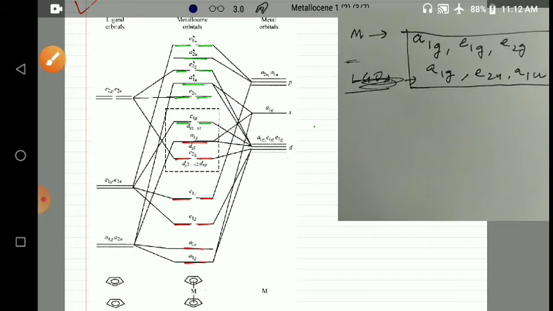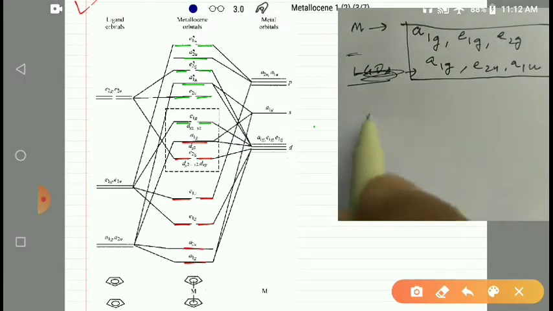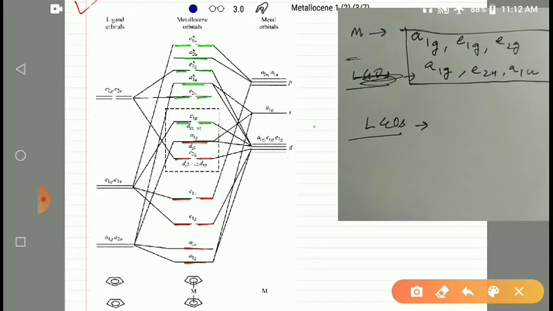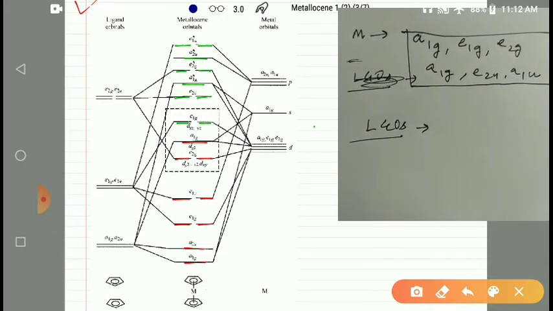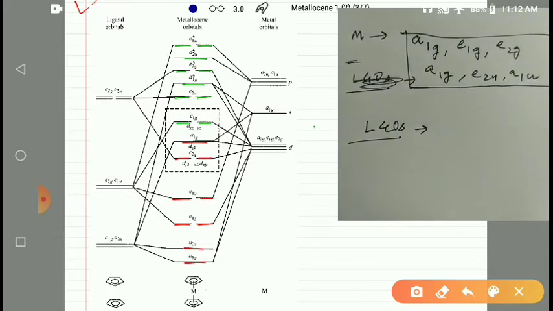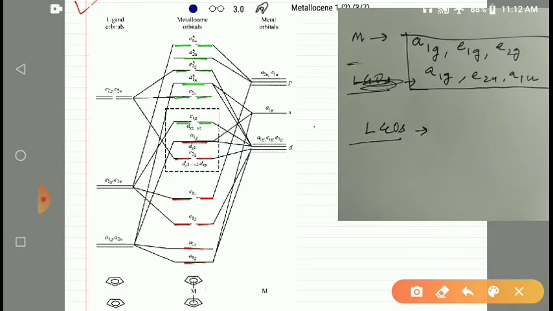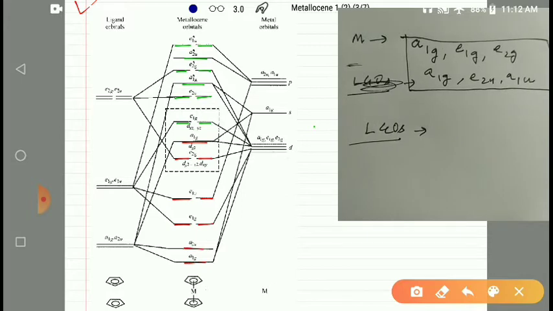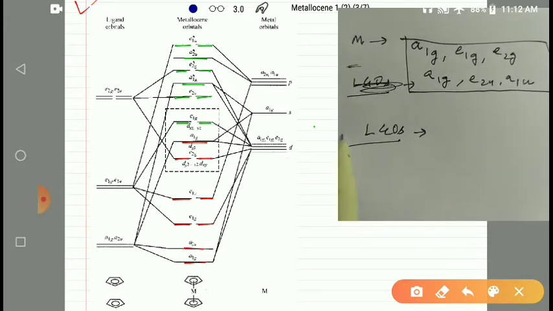Okay, so similarly we also have ligand group orbitals, which are formed from the combinations of the ligand molecular orbitals. We already discussed this in detail in the last class.